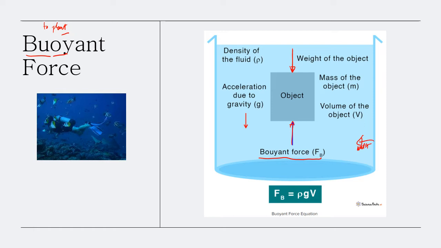So how does buoyancy work? Remember, when a solid object is immersed in a fluid, it experiences pressure in all directions. And this pressure increases with the depth of the fluid, right? So therefore, the pressure at the top of this object, since the pressure is exerted perpendicular to the object, right?